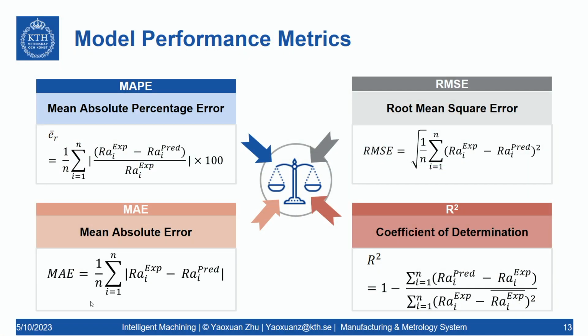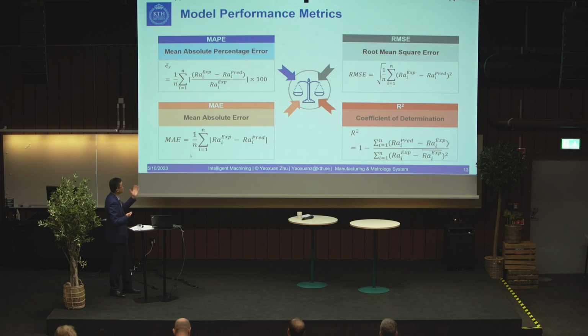Finally, when we build our surface roughness prediction model, we need to use model performance metrics to estimate the performance of each model. So here I selected 4 indicators. They are MAPE, mean absolute percentage error, RMSE, root mean square error, MAE, mean absolute error, and also R square, which is the coefficient of determination.